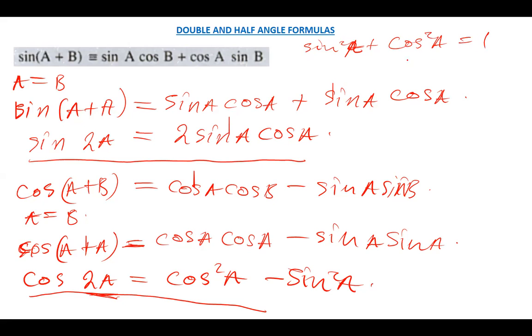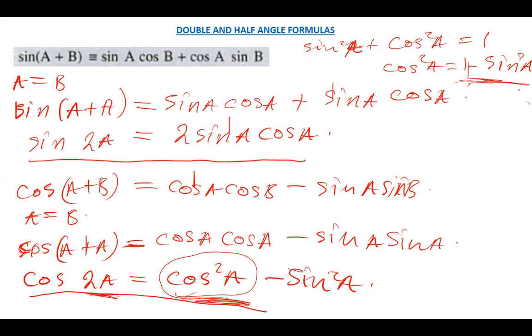According to this, we can make cos squared A the subject, which becomes cos squared A is equal to 1 minus sine squared A. So at this point where there is cos squared A, we can replace it with this part here.